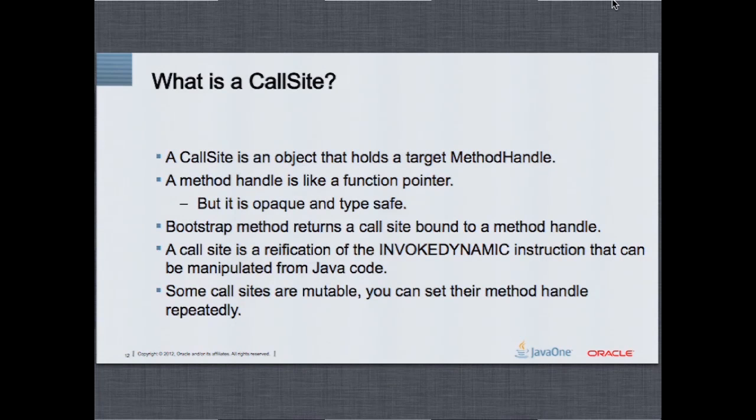As I said, the CallSite holds a method handle. Method handles are basically anonymous function pointers, except that they're safe. And the Bootstrap method needs to return a call site that's somehow bound to a method handle.